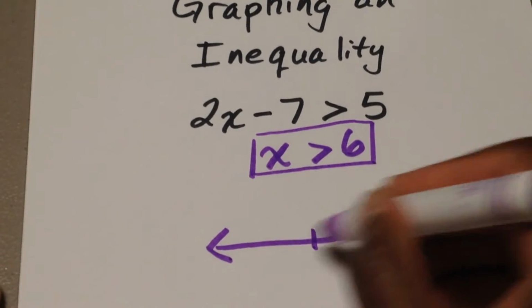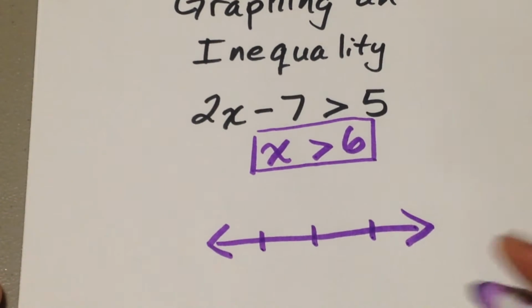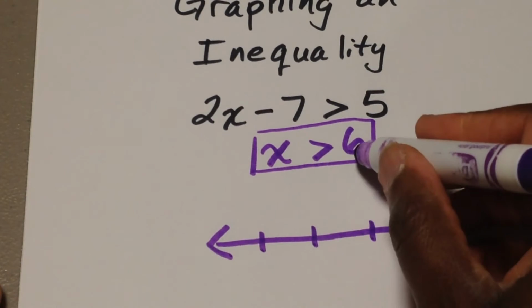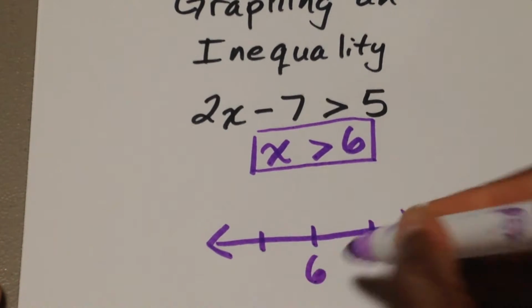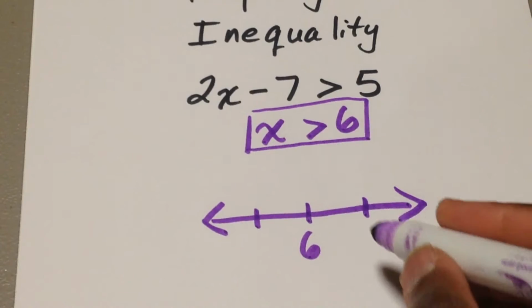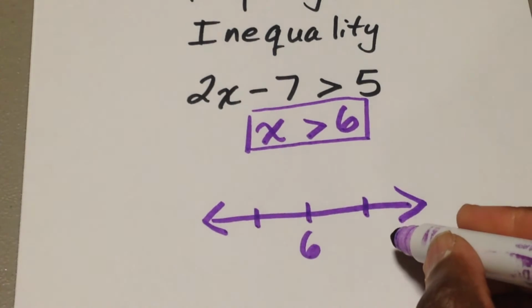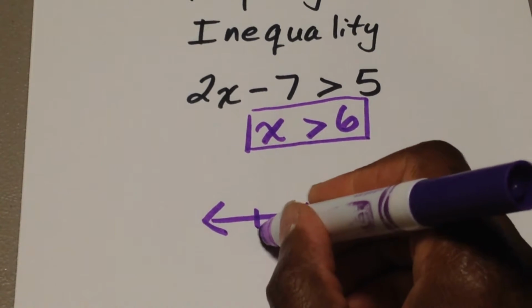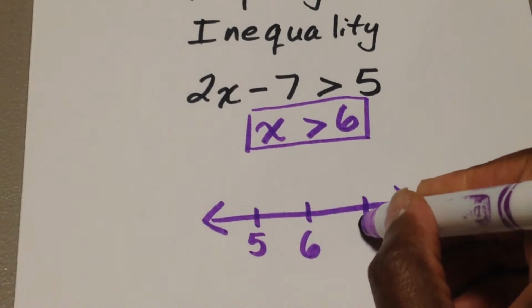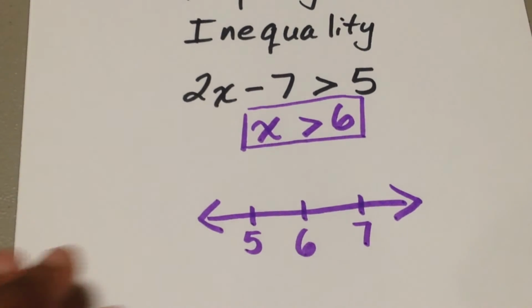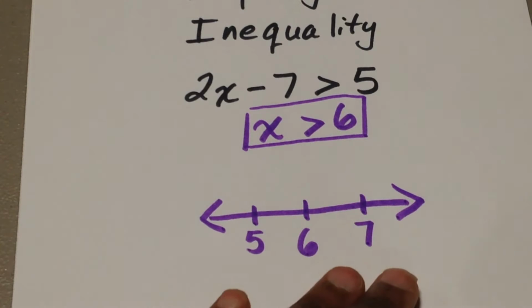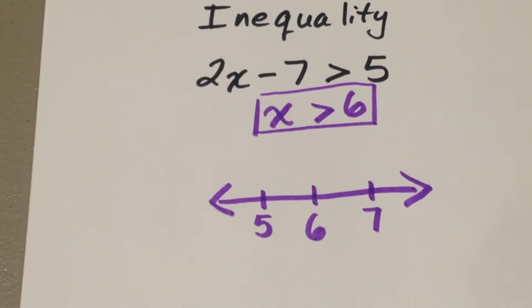The center is going to be 6, and then I take the number before 6 and the number after 6. So the number before is 5 and the number after is 7. So my number line is going to go from 5 to 7. That's the first step.